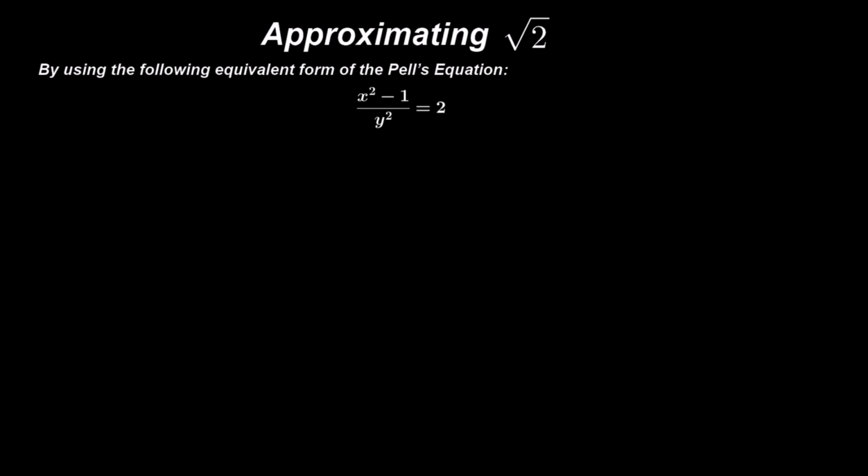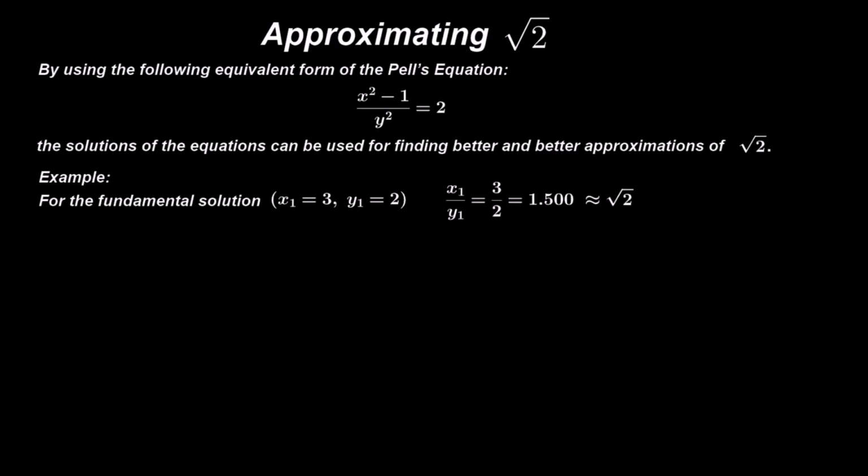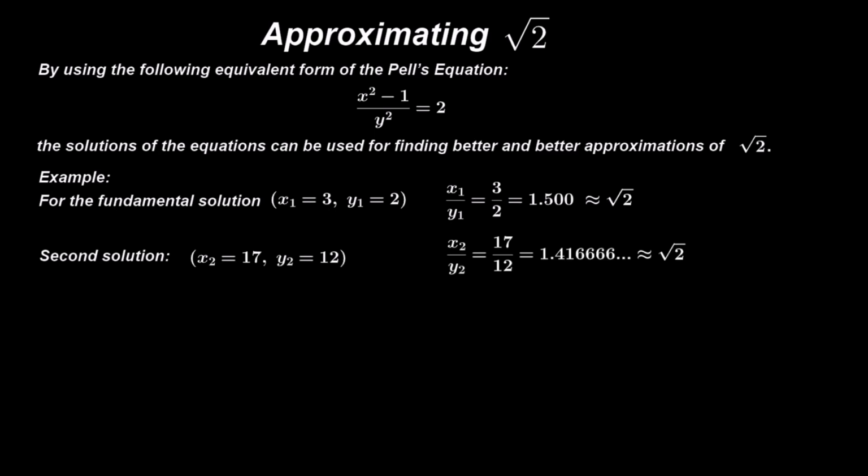What can we do with these solutions? As shown in part 1 of this video, we can use them to approximate the square root of 2. By taking successive ratios of x over y for every new solution of the initial Pell's equation, one gets better and better approximations of the square root of 2. This method can be applied to any non-square natural number.